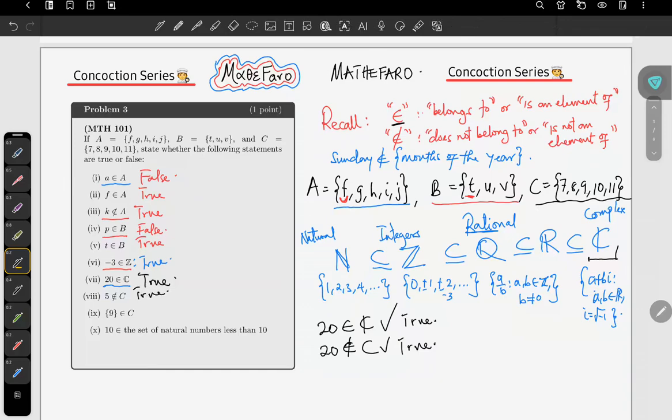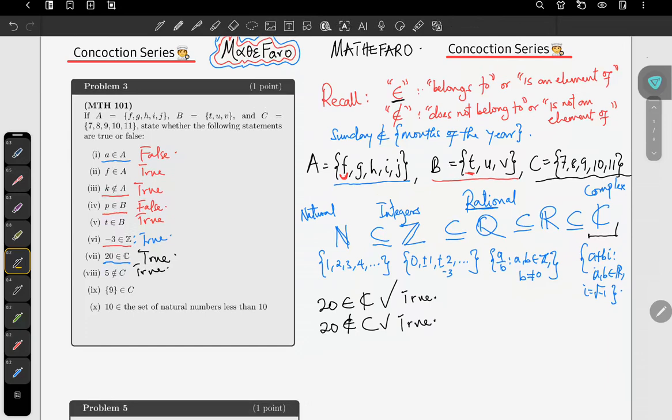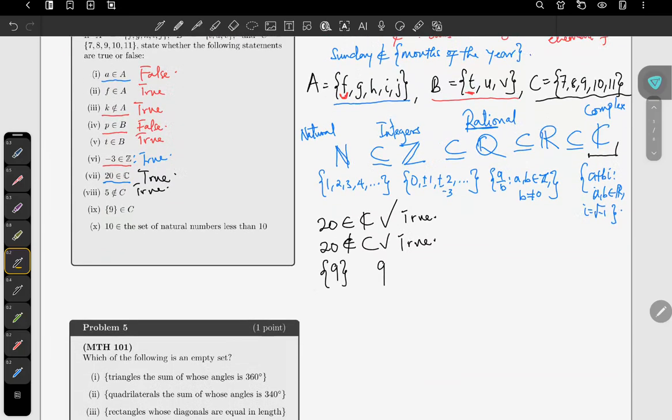Then the next one, the set {9}. There's a difference between writing this and this. This is the set containing the element 9, while this is just the element 9.